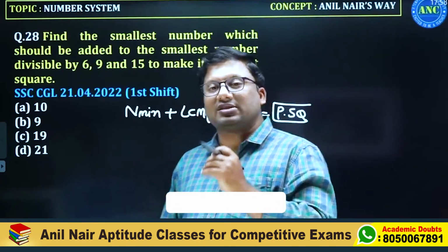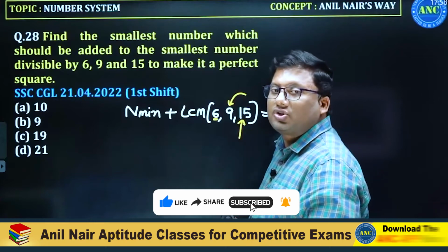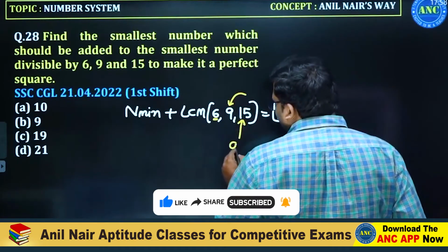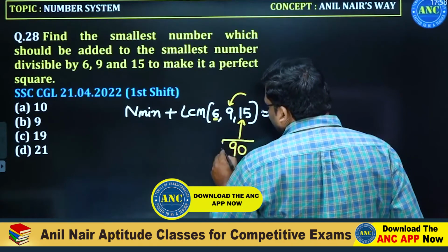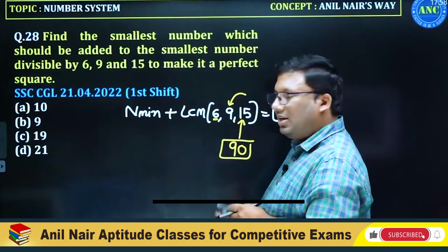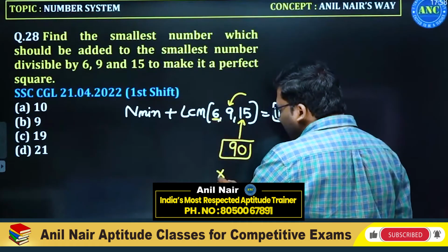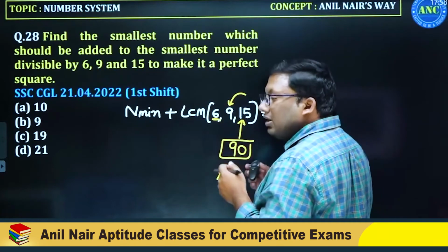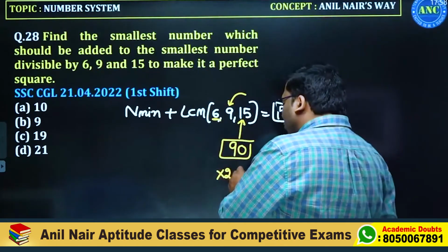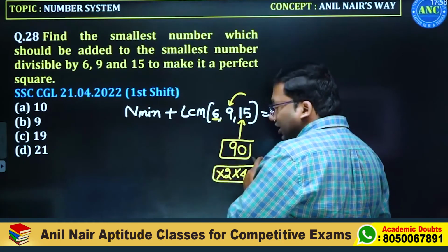Whenever you are doing LCM, if input one number is 9, the answer's digital sum should be 9. Which multiple of 15? The digital sum will be 9, so 90. Why is it 90? Please see here. 6 is an even number, so it will be divisible by 2. The first multiple of 9 in a 15 multiple is 45. So 2 into 45 is 90.